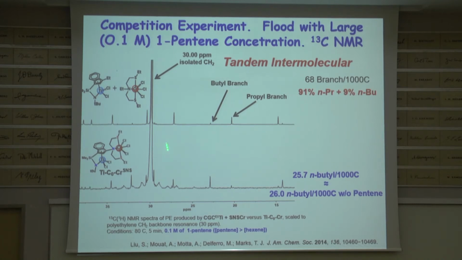On the other hand, now let's look at our tandem binuclear catalyst. Only 5% are N-propyl. 94.5% are N-butyl. So what it says is that normally that player over there catches the ball. He or she doesn't drop it.